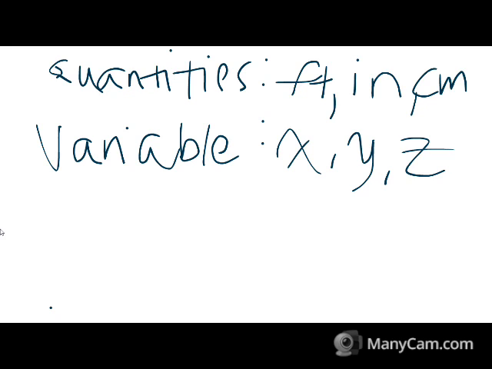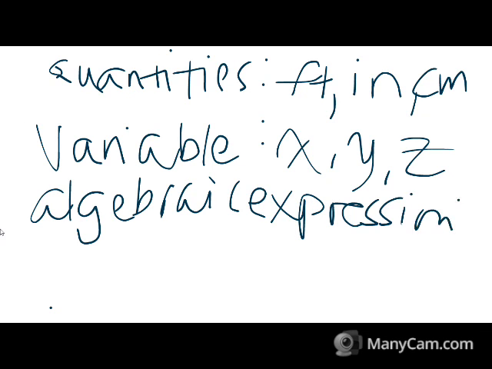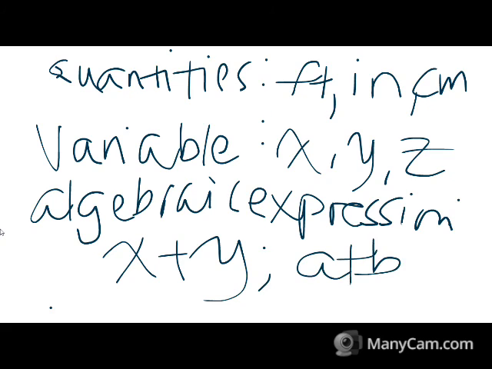And two more words, algebraic expression. That is a mathematical phrase that includes one or more variables, such as X plus Y or A plus B. And the last word is numerical expression.